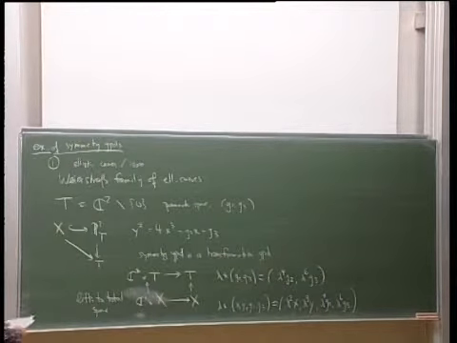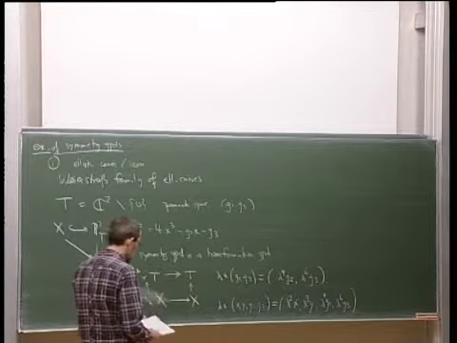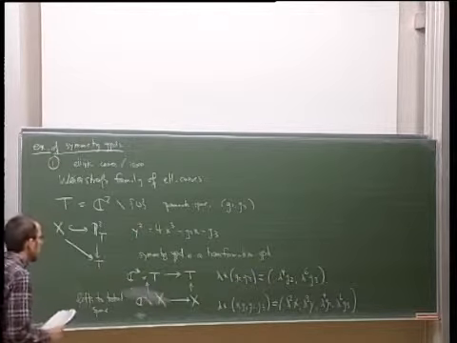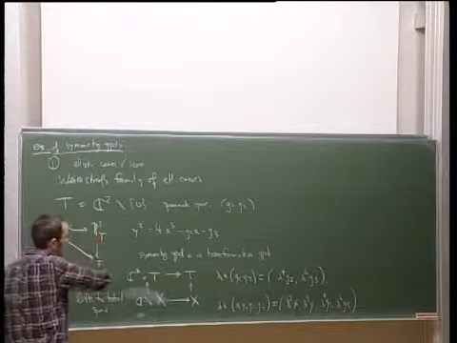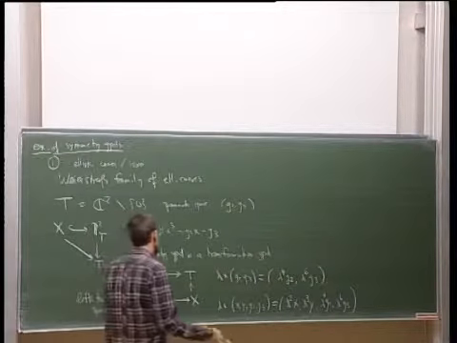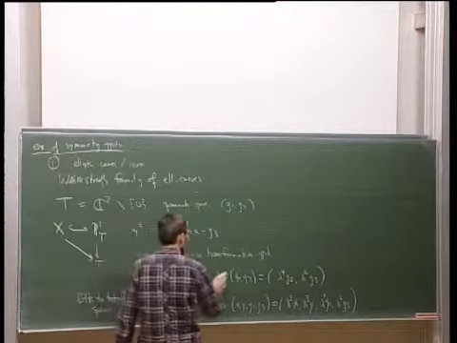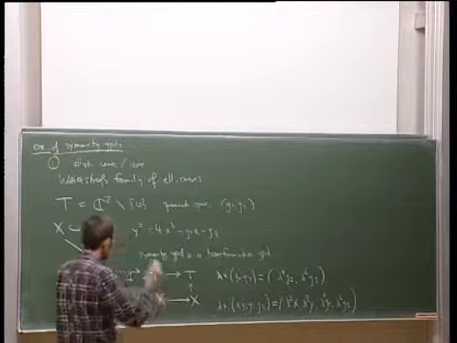So my claim is that every isomorphism of one elliptic curve in Weierstrass form with another one in Weierstrass form is given by a non-zero scalar lambda in C star. It's given by this formula here.